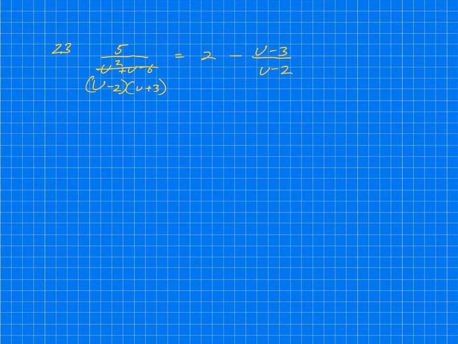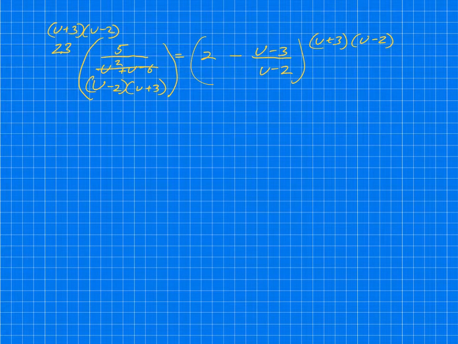Okay, therefore my LCD is going to be u plus 3, u minus 3. Yeah, I know what I did wrong. u minus 3 and u plus 3.